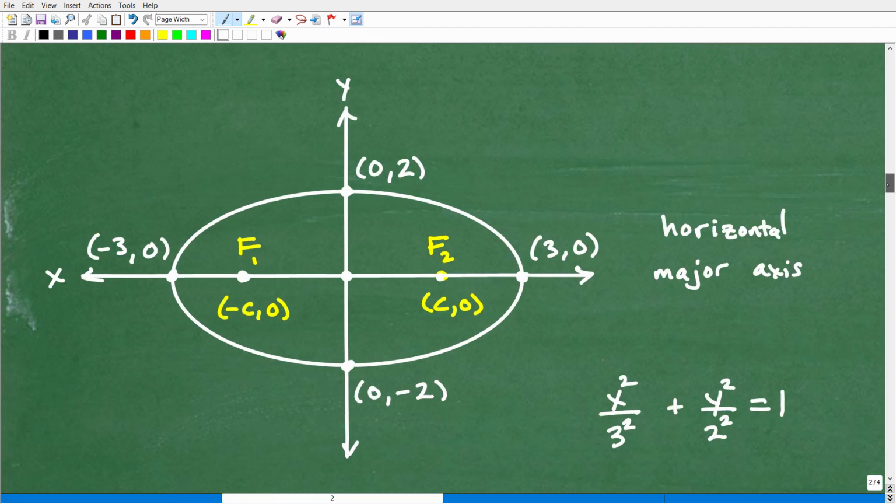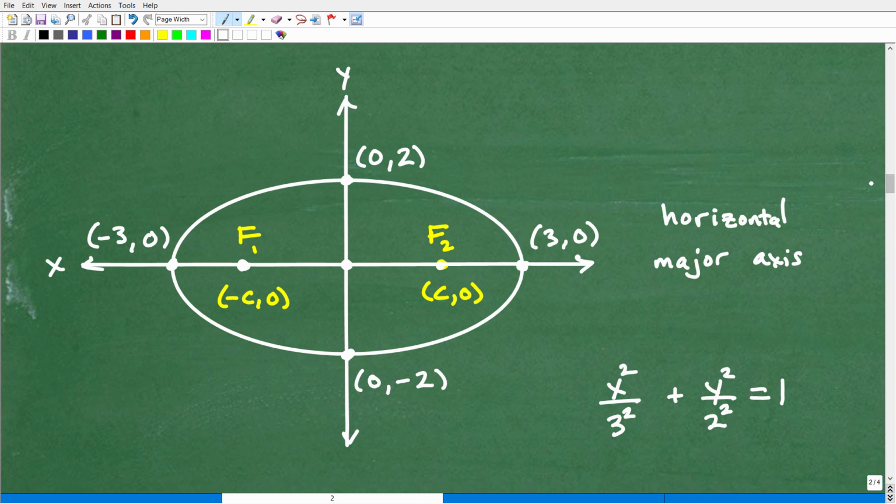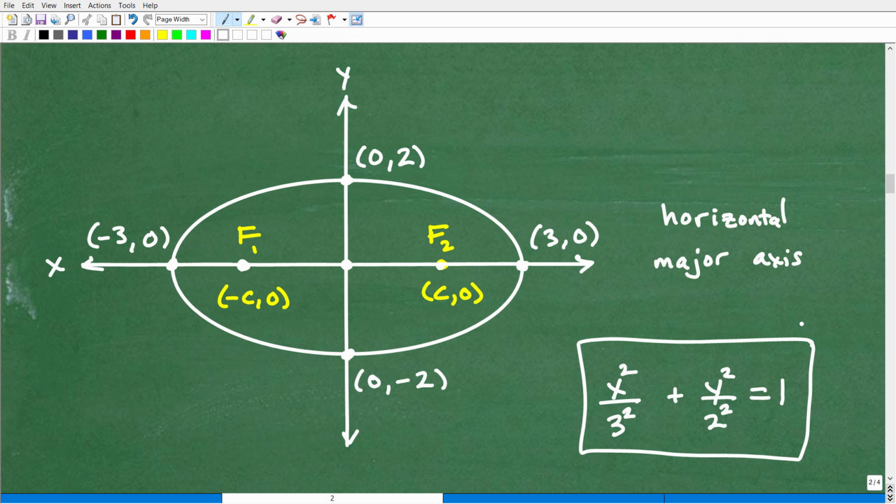So now let's go back to the situation here. We have the equation, and here it is: x squared over 3 squared plus y squared over 2 squared is equal to 1. So here is the graph. Now we need to find these points here, the foci.